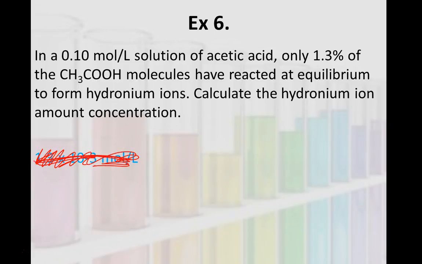Okay, so here's an example that deals with that formula. A 1.0 mole per liter solution of acetic acid. Only 1.3% of the acetic acid molecules have reacted at equilibrium to form hydronium ions. Calculate the hydronium ion concentration. So what's happening here is that the acetic acid, like vinegar, reacts with water, which is in liquid form, and this is aqueous.